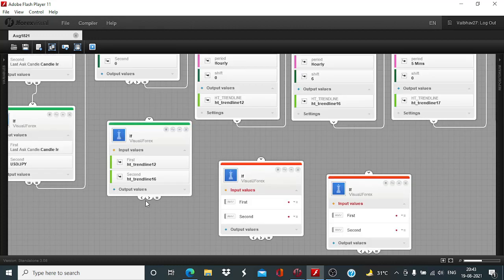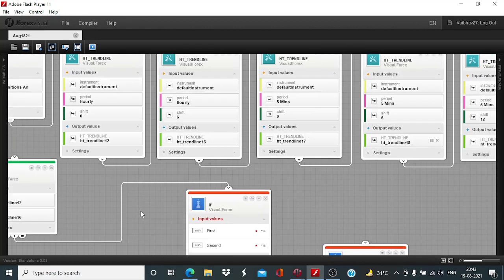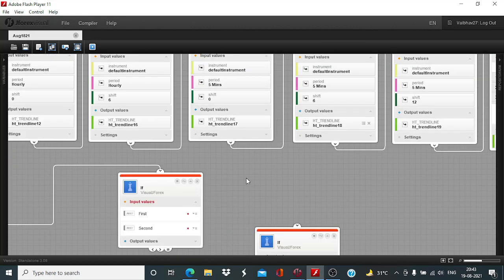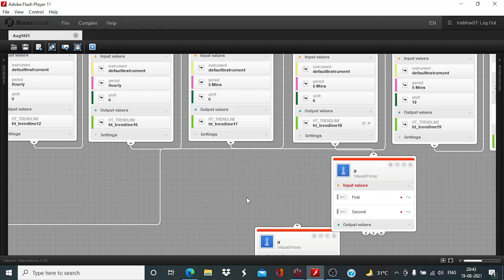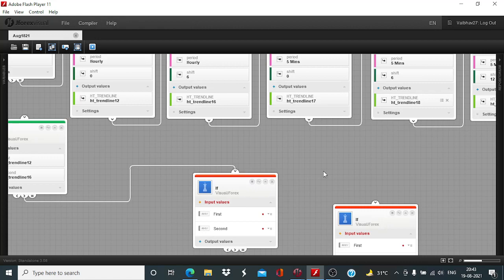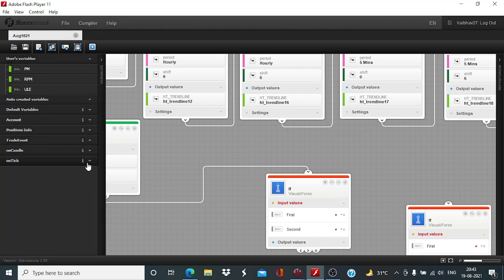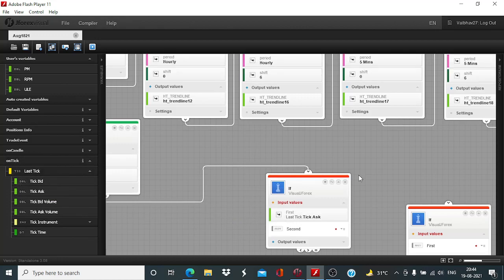So we need first input greater than second input, and the price of execution. So for that we have utilized the price band, and whenever the execution will happen we will need last tick price to be within that price band.